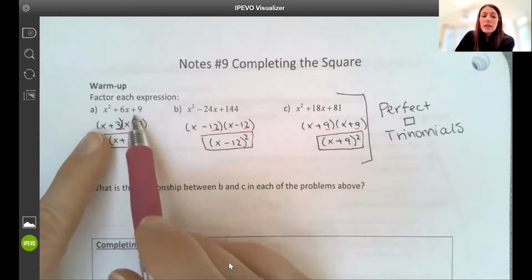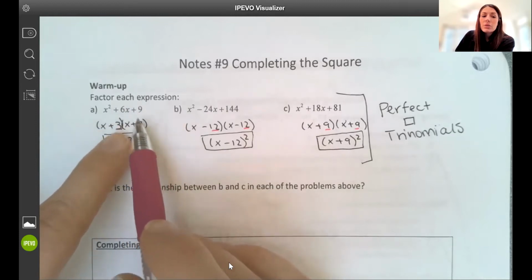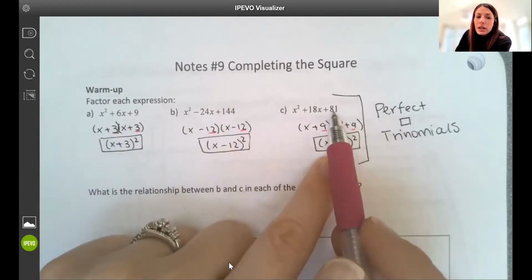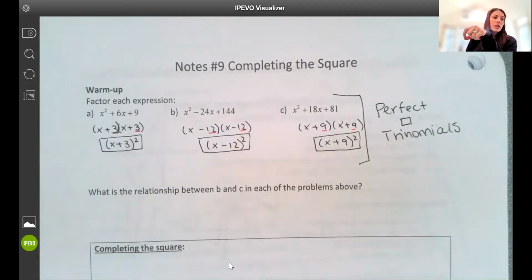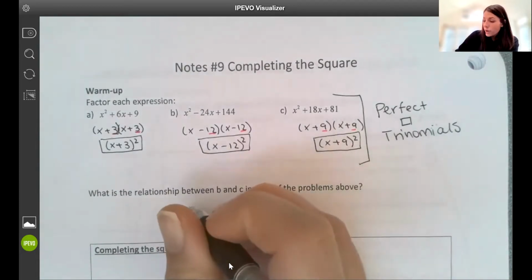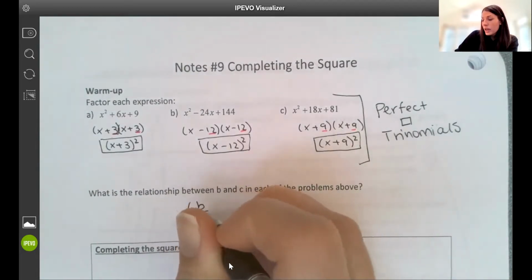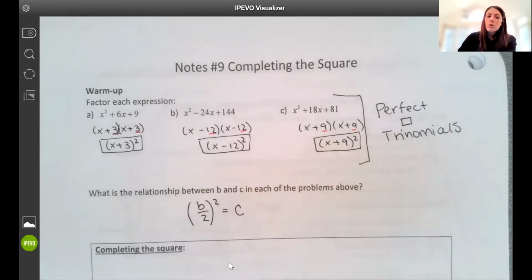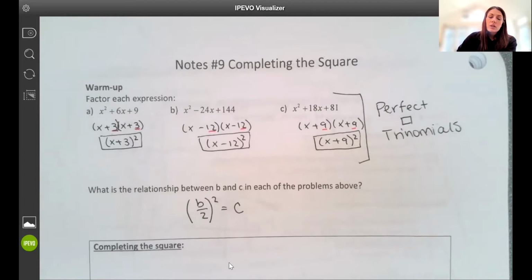And to get to C, the reason that works is because 3 times 3 is 9. 12 times 12 is 144. 9 times 9 is 81. So B and C have this relationship where if I take half of B and I square it, it will always equal C in those perfect square trinomials, okay?